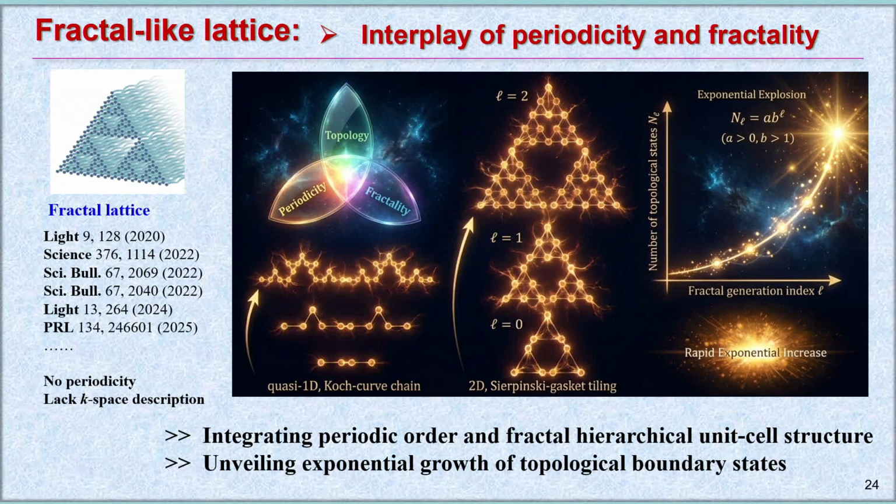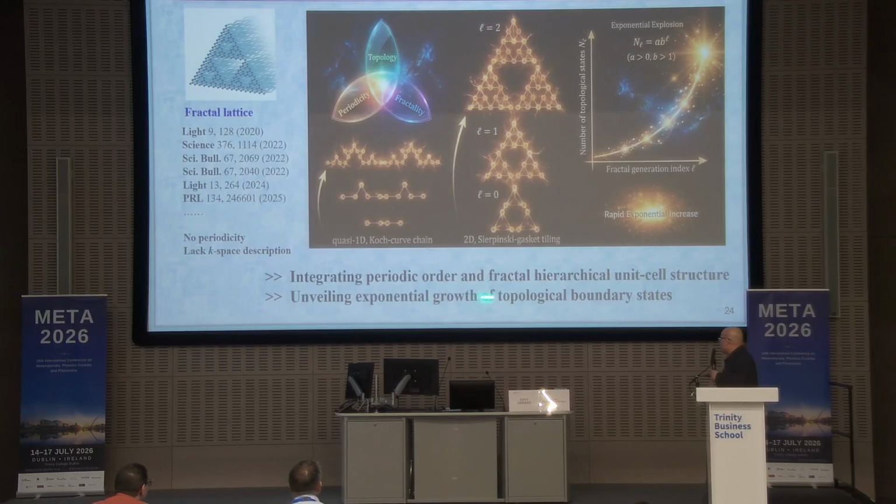What about this fractal lattice, right? The true fractal structure here is very difficult. People have been working to find how to demonstrate a fractal topological insulator. But here, we were trying to study the interplay between periodicity, fractality, and topology. What we find is that the topological state here will grow exponentially.